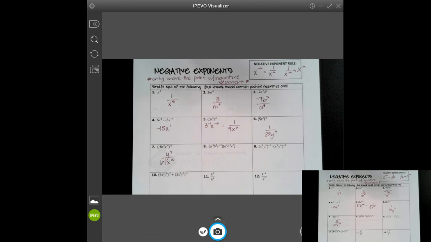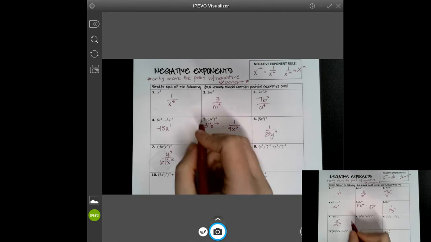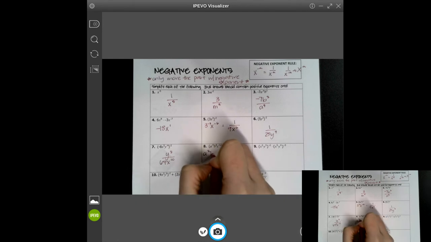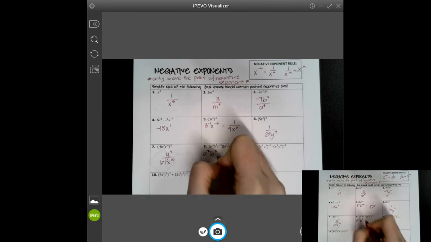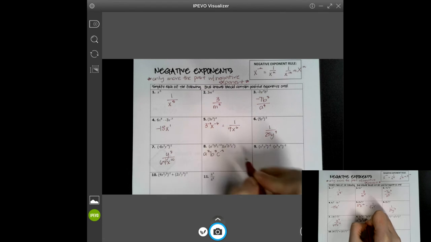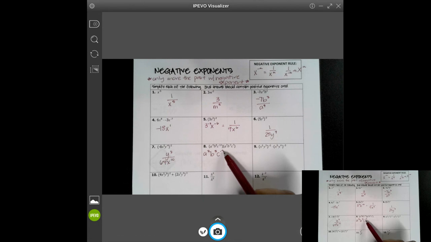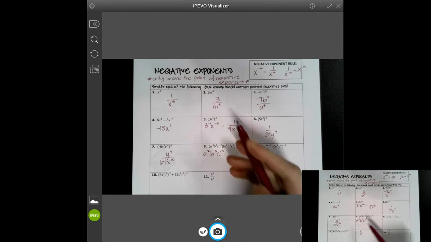Okay, so for number 8, here I have my product rule because I'm multiplying. So again, when I multiply, what do I do with my exponents? I add them. So I'm going to make this a to the 2nd, b to the 5th, c to the negative 5th, because negative 12 plus 7 is negative 5, which means I've got to move my c to the bottom of my fraction.